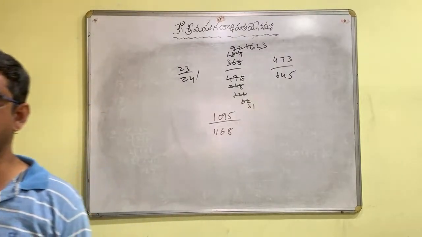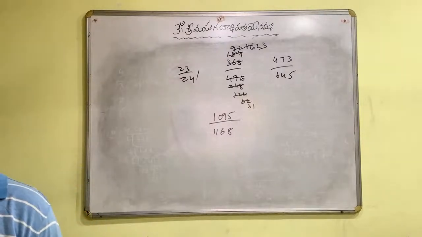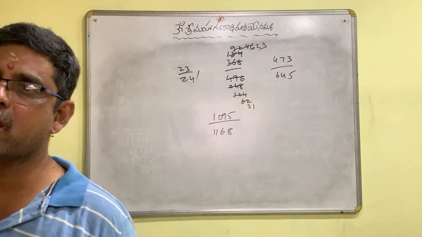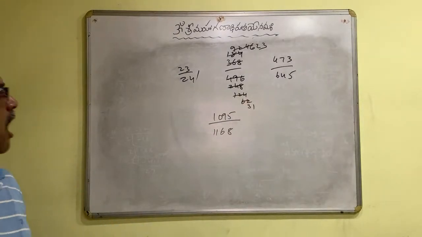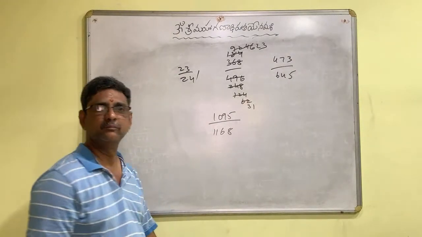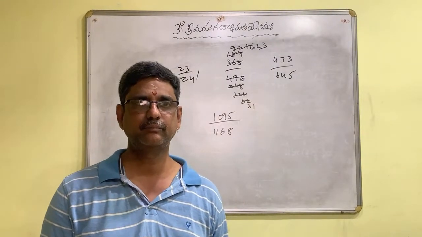What about the third one? 473 by 645. Which table have you seen? 11 by 13? Which table have you seen that?